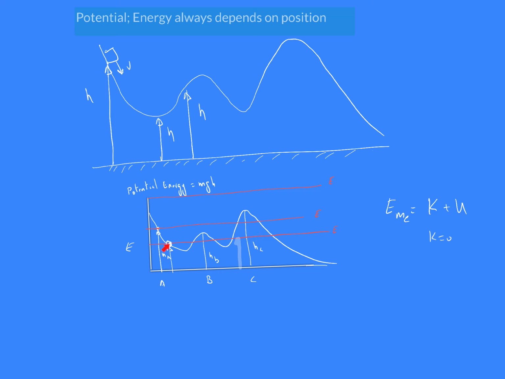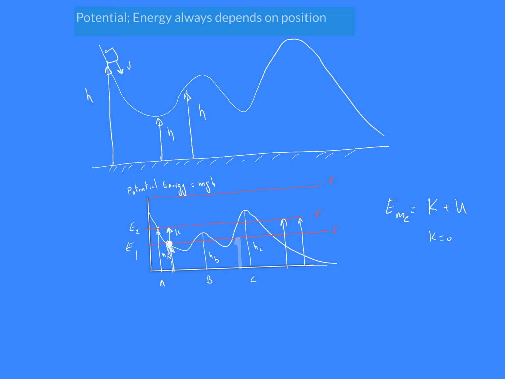Now, if the total mechanical energy of the object is this one, the second horizontal line, the total energy is a horizontal line because it's conserved, it's always the same amount, never changing. So if you have this total energy, let's say E2, and let's say this was E1, and you are here, you have this amount of potential energy and this amount of kinetic energy.